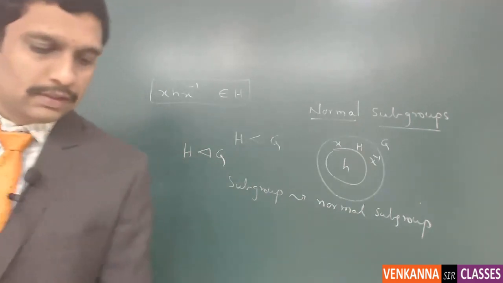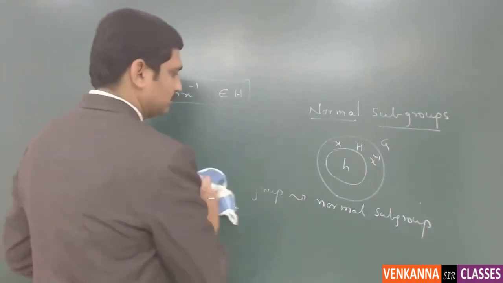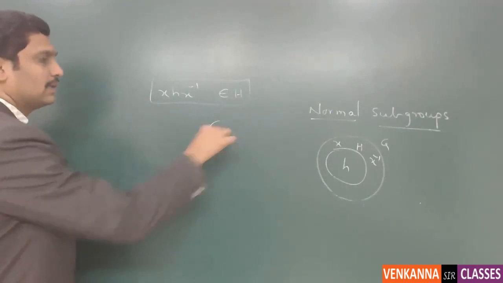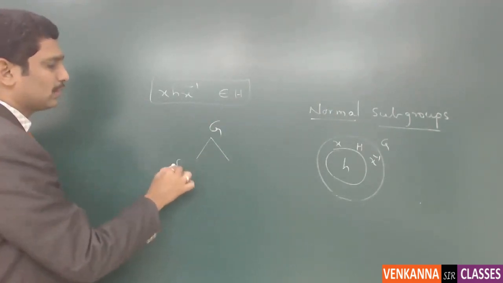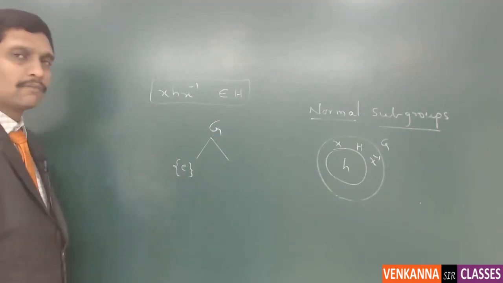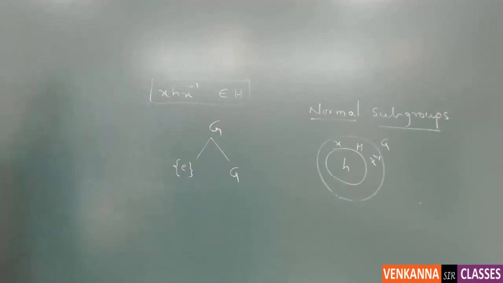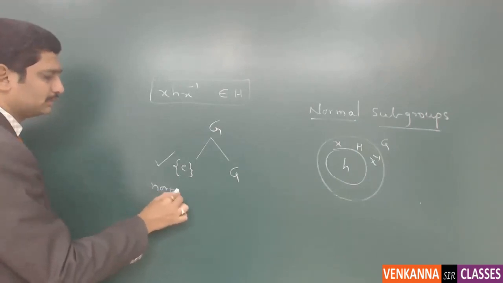Now, if you look at the properties of normal subgroups, as we know, for every group there will be two subgroups always, identity and the group itself. These are again the normal subgroups.